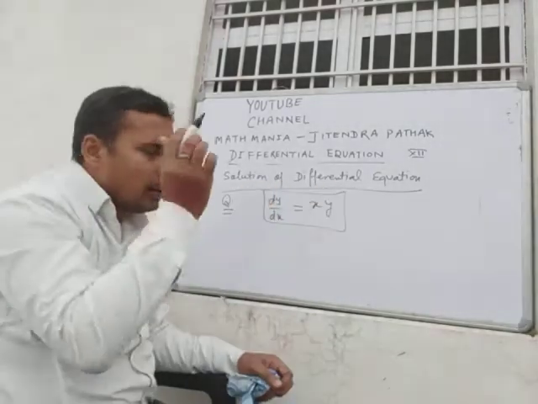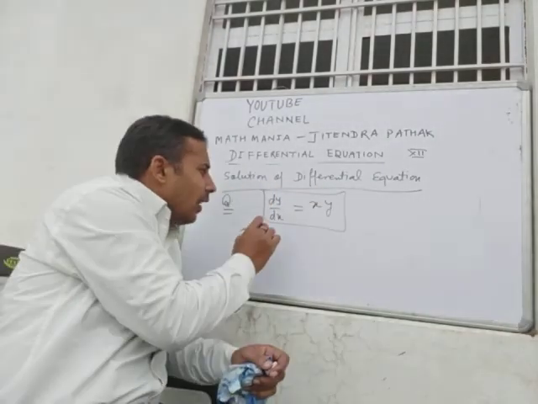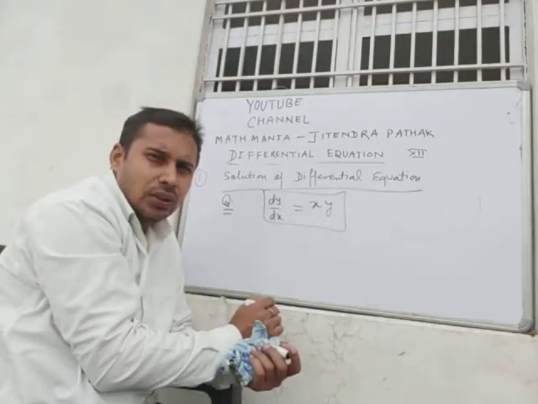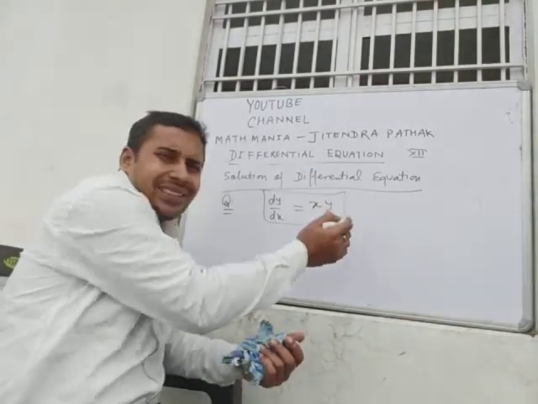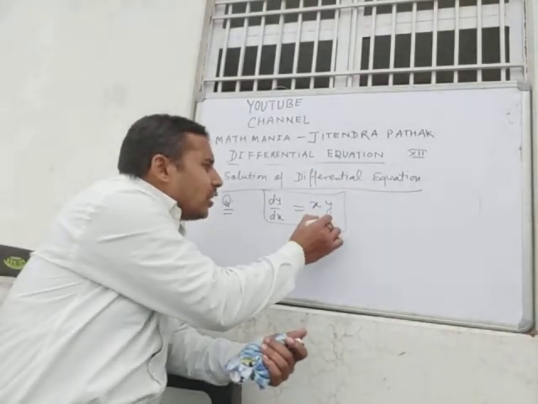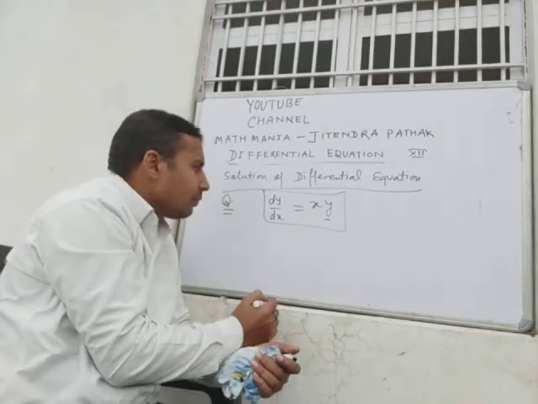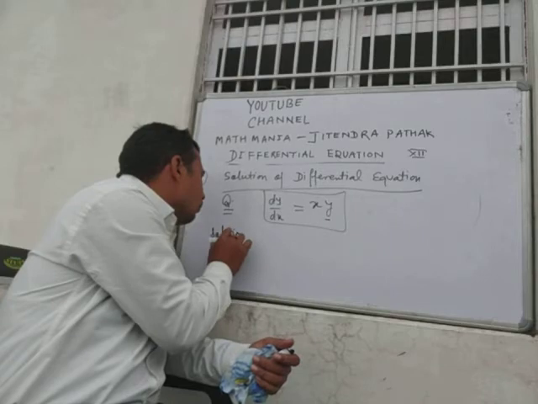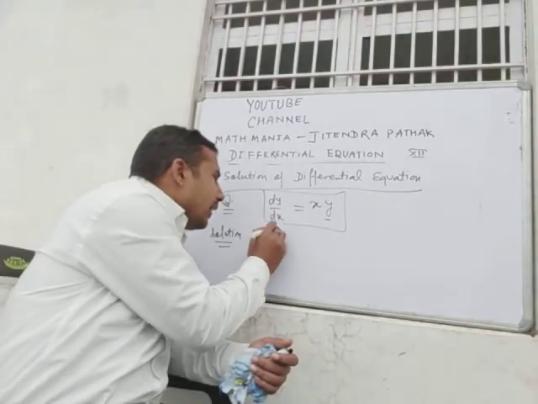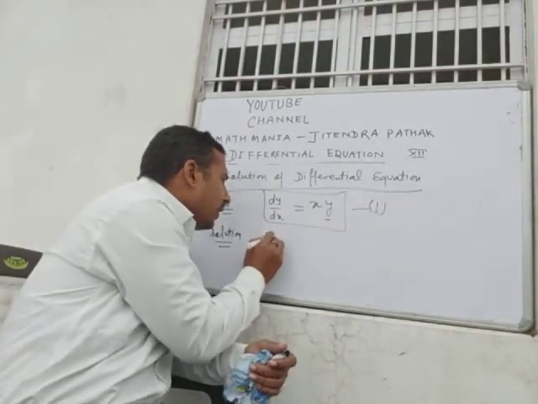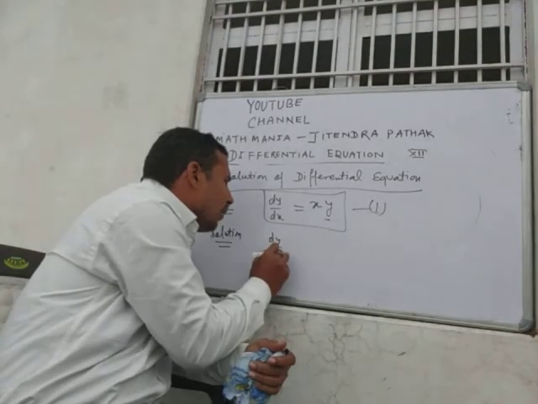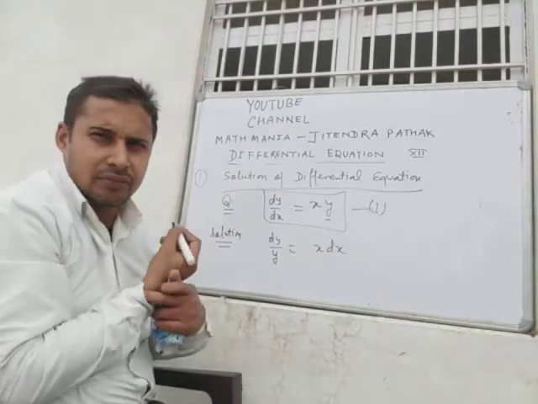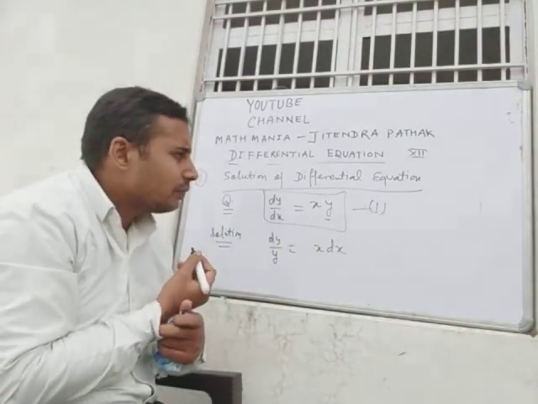So first of all, now dx is here, we can transpose it to the right hand side, and y to the left hand side. So now solution. It can be written, equation 1 can be written as dy upon y equals x dx. This is the variable separable rule.